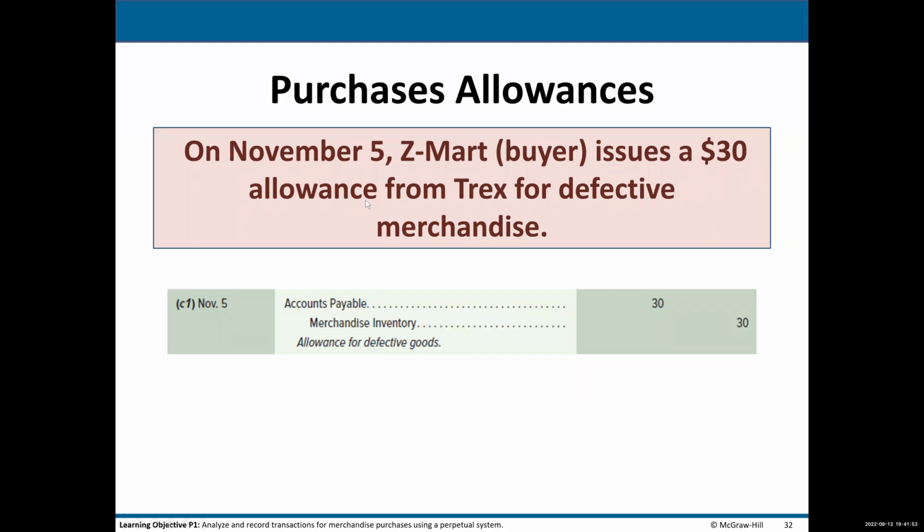So the merchandise doesn't cost as much as we thought. So we're going to reduce our inventory. And because it didn't cost us as much, we're not going to owe as much. So we're going to reduce our accounts payable. So debit, accounts payable, $30. Credit, merchandise inventory, $30. Okay.